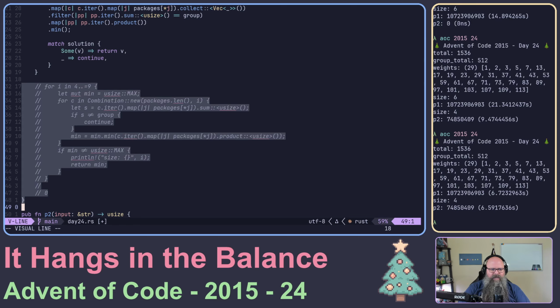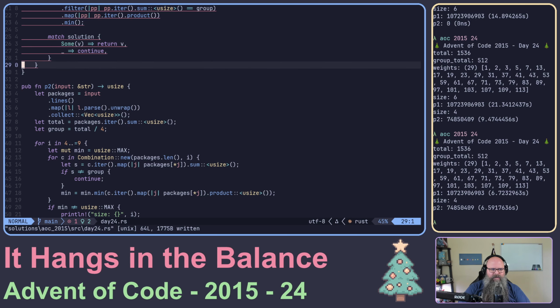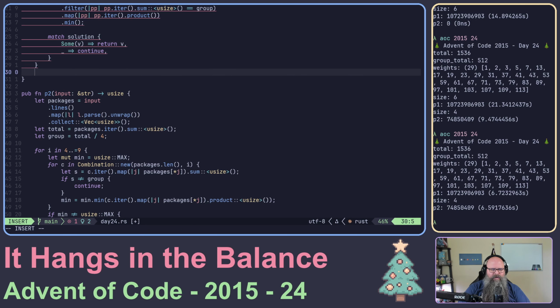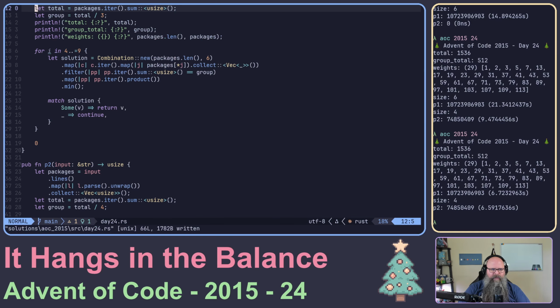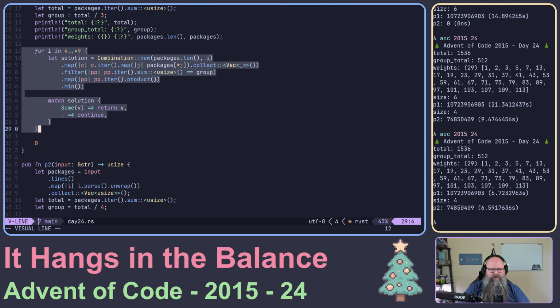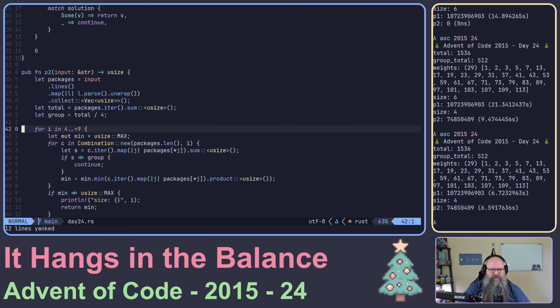This is the more generalized solution to how I did it last time. So I guess I can do the same thing down here, because I do think this looks cleaner.